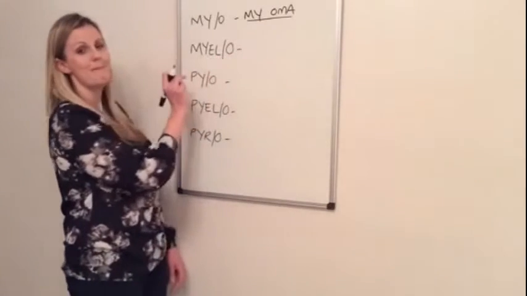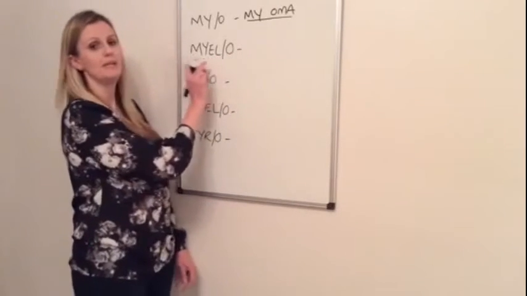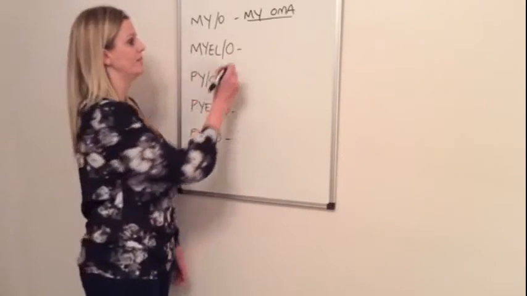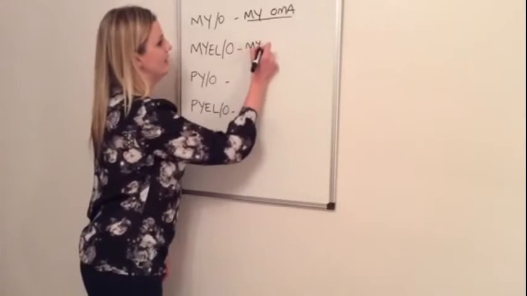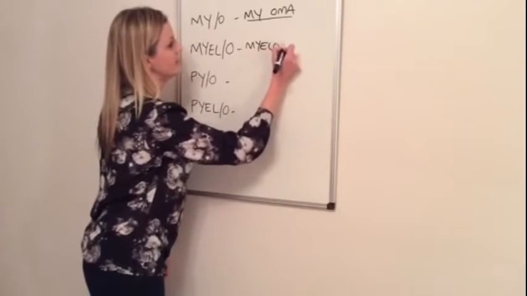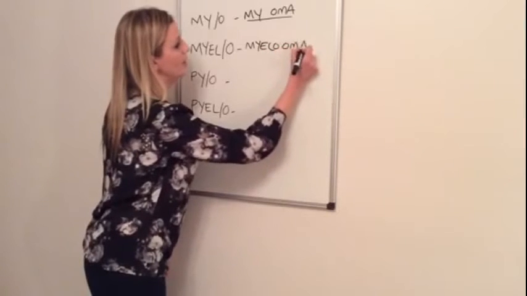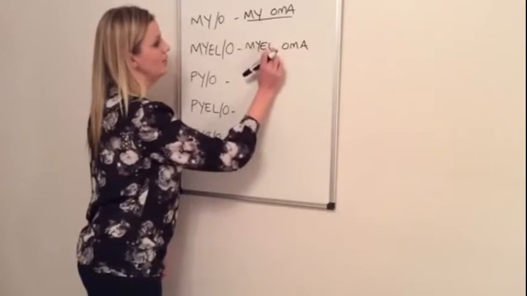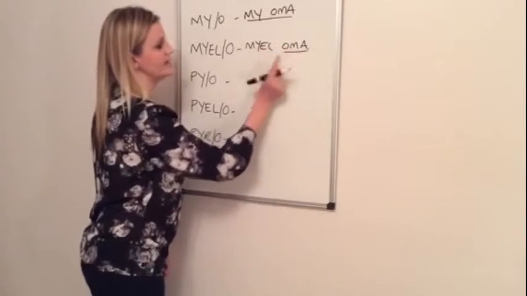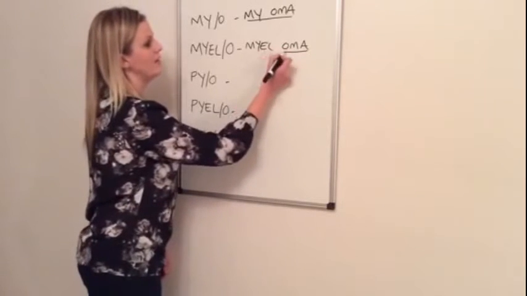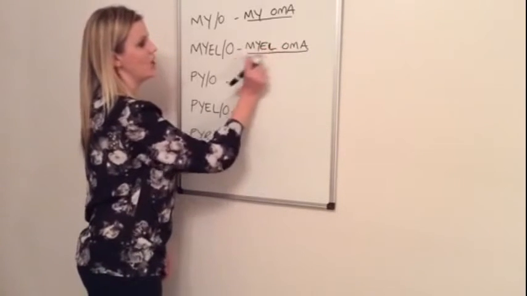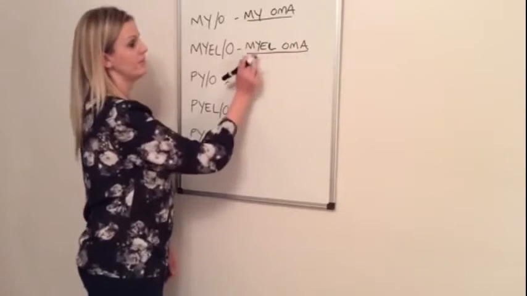Now let's go down to myelo. Myelo means spinal cord or bone marrow. So again, if we use that with oma, we lose the O because our suffix again starts with a vowel, and we have the term myeloma, a tumour of the spinal cord.